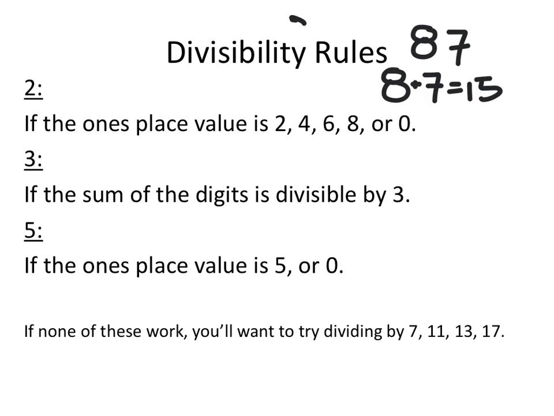Again, 3 is a little bit different, a little bit more complicated. You could say you got to add those numbers and then see if that new number is divisible by 3. Like we got the 15 for the divisibility rule by 3 on 87, but let's say that it was a bigger number, like maybe 615.